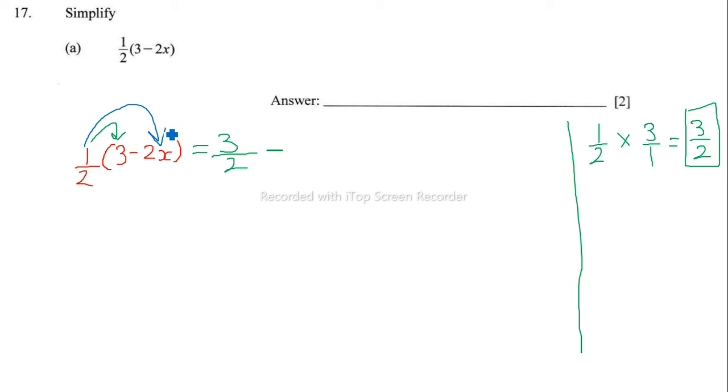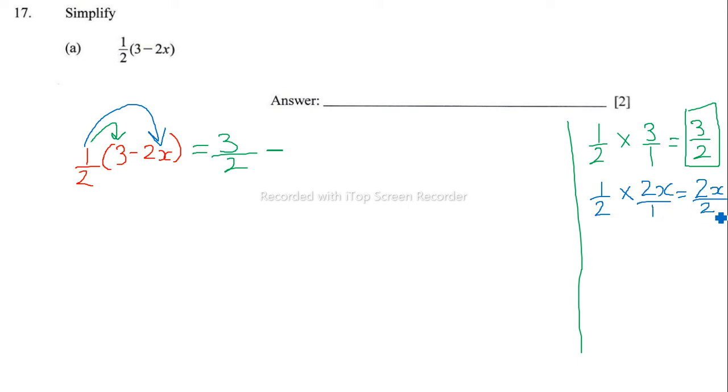That's 1/2 multiplied by 2x over 1. What is 1 times 2x? 2x. 2 times 1 is 2.